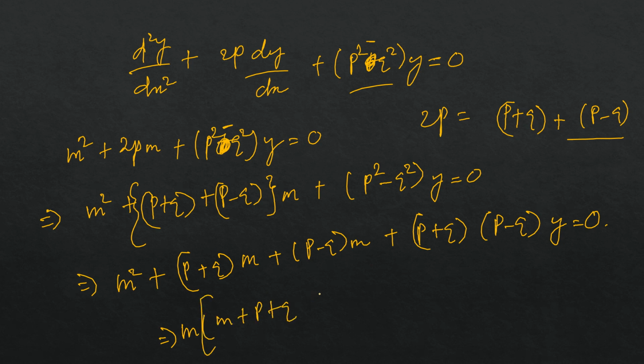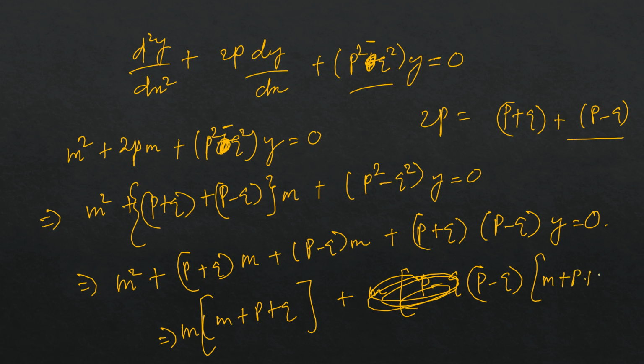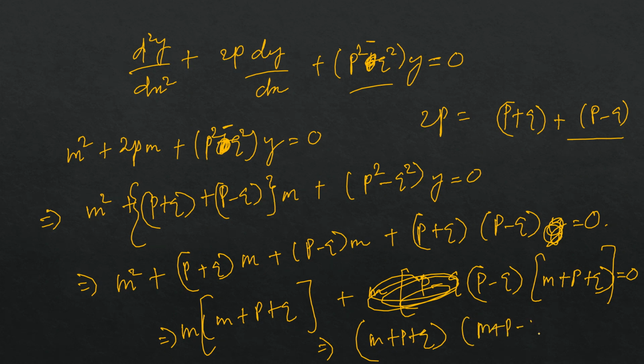If you take the common, this one will become m plus p plus q whole into m plus p minus q is equal to 0.